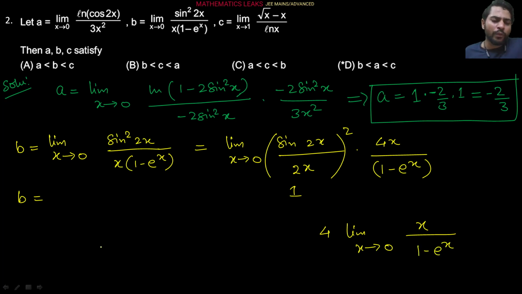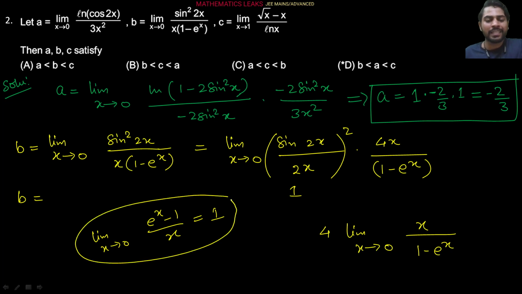So one more frequently used limit is there, that is limit x tends to 0, e to the power x minus 1 upon x is nothing but 1 only. Everybody, it is a standard frequently used limit here.